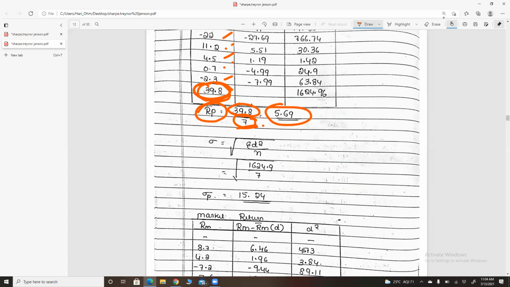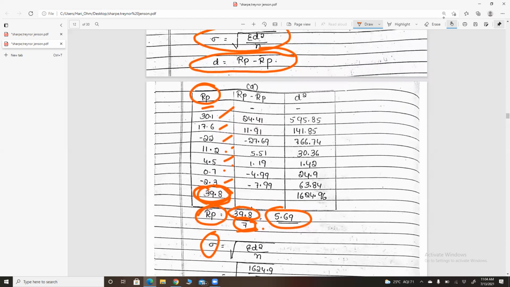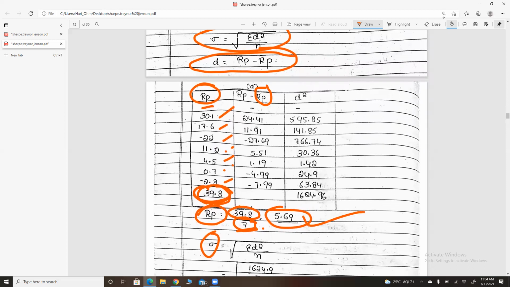Next you need to calculate standard deviation. Now how do you calculate standard deviation? See, you got R bar p, that is 5.69. Now Rp minus R bar p you have to calculate. Rp is 30.1 and R bar p is 5.69, so 30.1 minus 5.69 is 24.41.